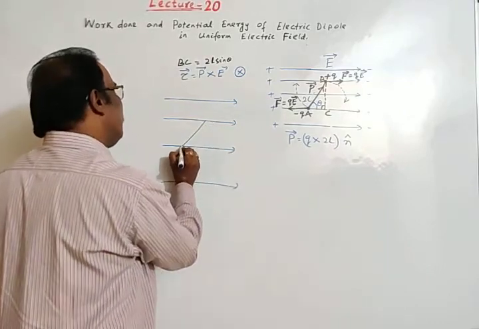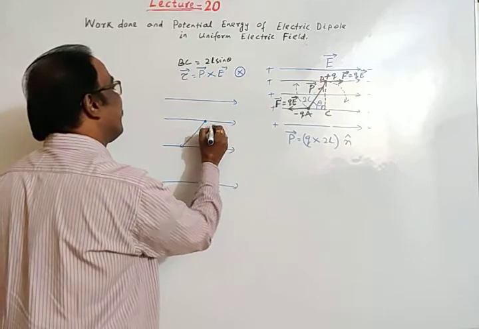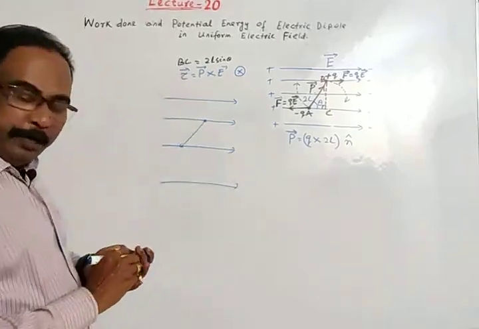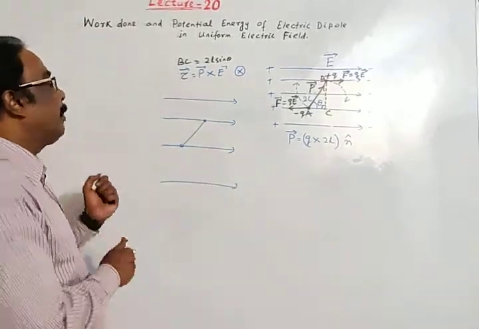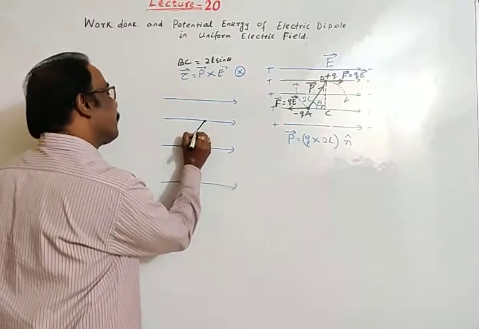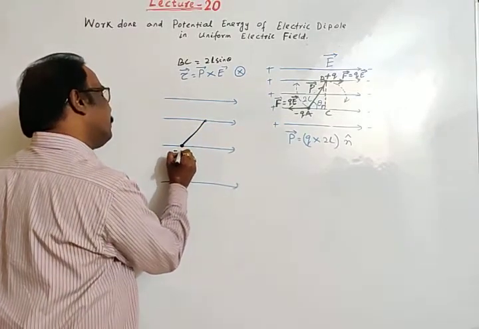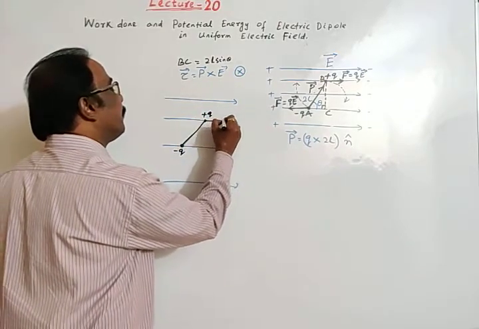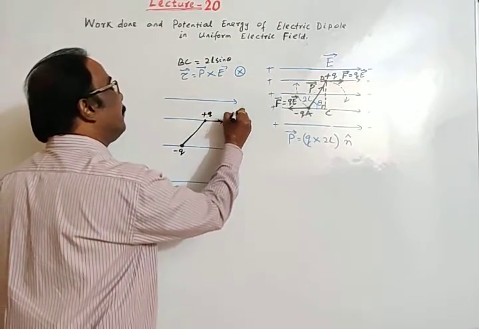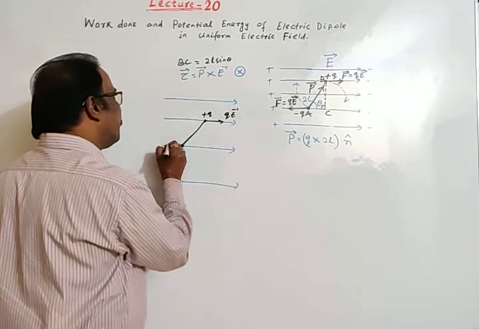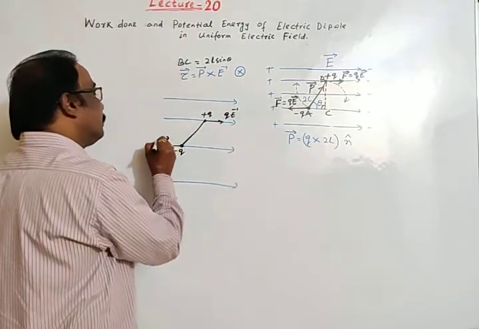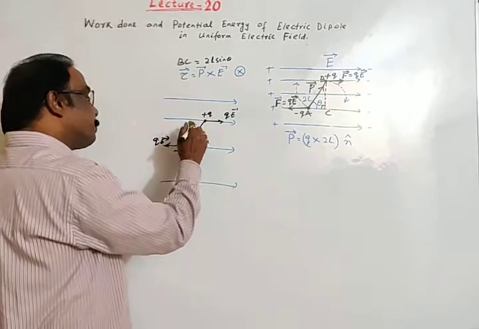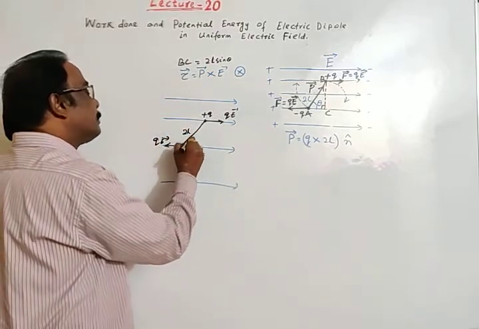This is the dipole. The dipole is placed in the uniform electric field at any position. This is minus Q, this is plus Q, this is QE, and this is also QE. So this is 2L and this angle is theta.